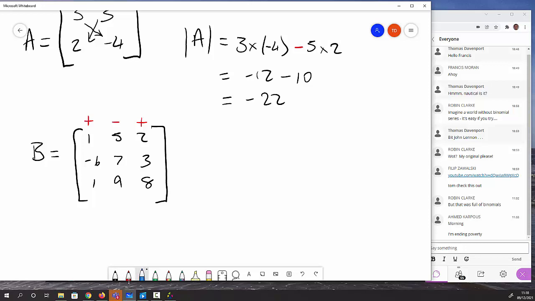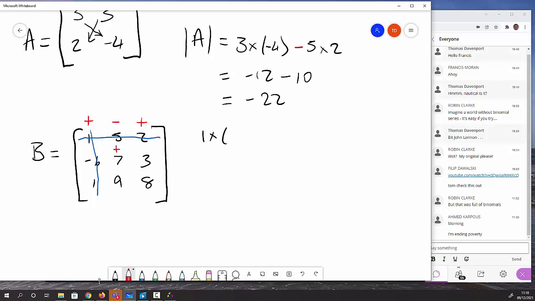Right, now let's have a blue pen here. I'm going to take the first number here, the 1 in the position 1, 1. So this is B1,1. I'm going to put a 1 there, times, and I'll have a bracket. Then I'm going to remove that row and that column, which gives me, as you can see, a 2 by 2 matrix, doesn't it? And I'm going to expand the 2 by 2 matrix in exactly the same way as we've done before.